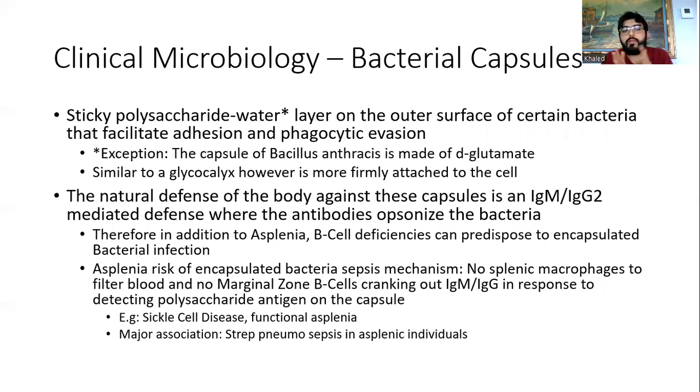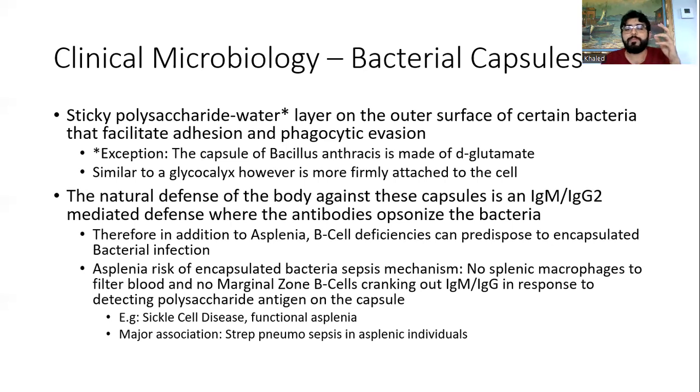That means it can help with evading phagocytosis and basically make that bacteria more spreadable, which is scary. And it's very similar to something called the glycocalyx, which is even similar in structure. But the glycocalyx is mainly for adhesion.